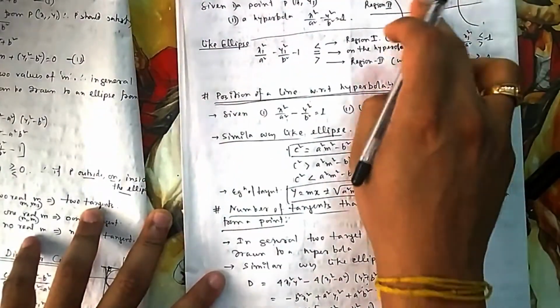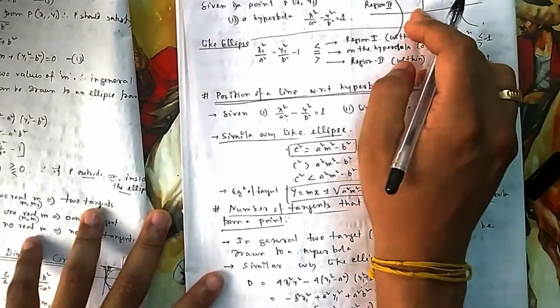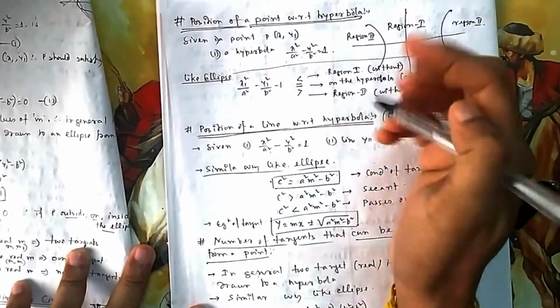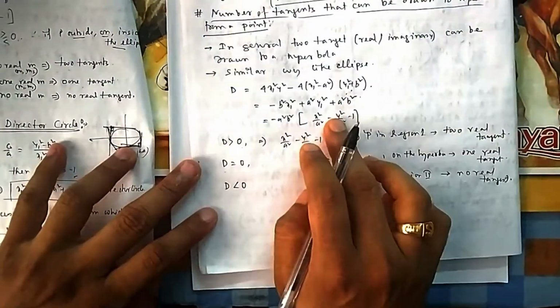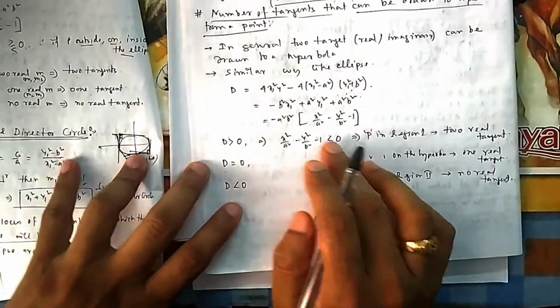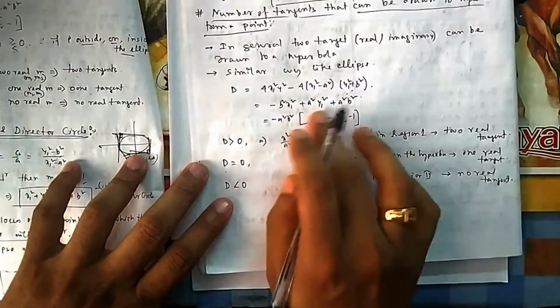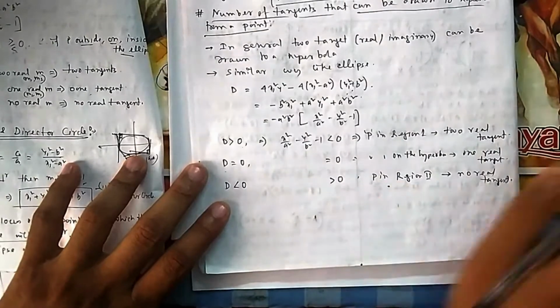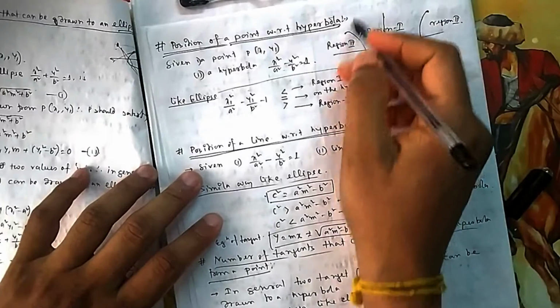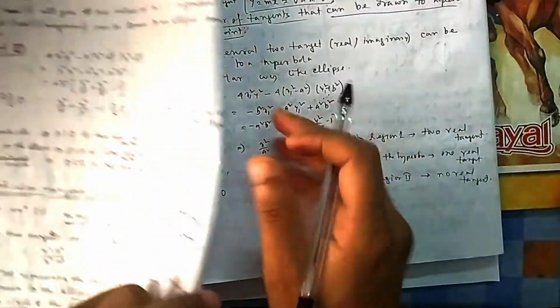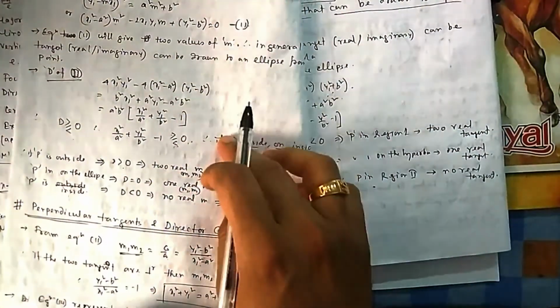So if your point is in this region, any point from this region, you can draw two tangents from here. If it is equal to, then it is only one tangent. If D is less than, that means this is positive. This is positive, that you have seen is region 2. So if you are in region 2, you cannot draw any tangent because you are inside the hyperbola. These derivations I am not doing because it is exactly the same as the ellipse.